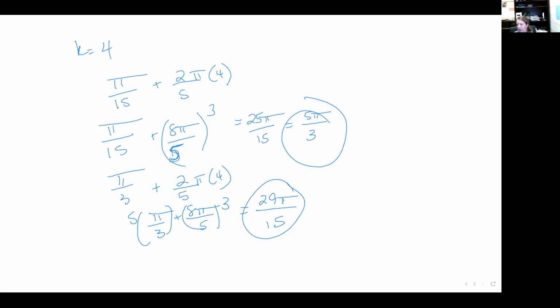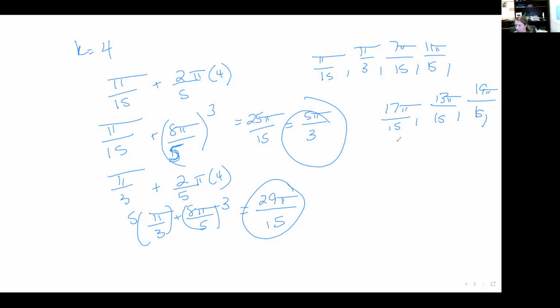All right, so our final answers should be pi over 15, pi over 3, 7 pi over 15, 11 pi over 15, 17 pi over 15, 13 pi over 15, 19 pi over 15, 23 pi over 15, 5 pi over 3, and the last one was 29 pi over 15.